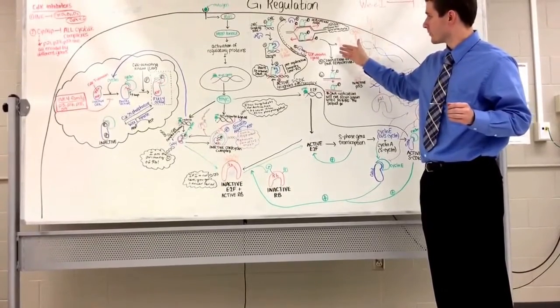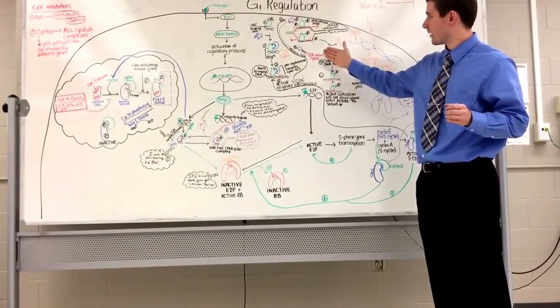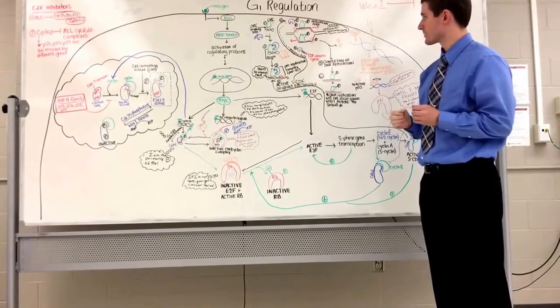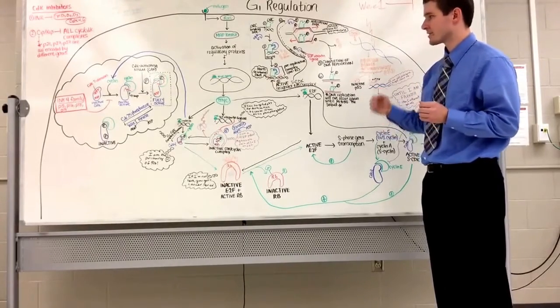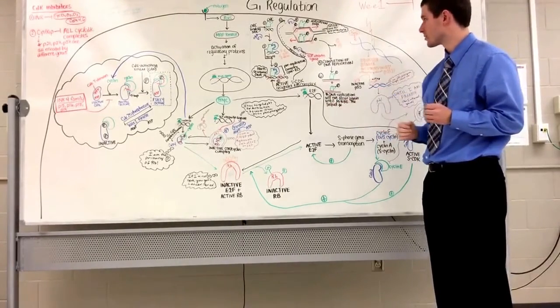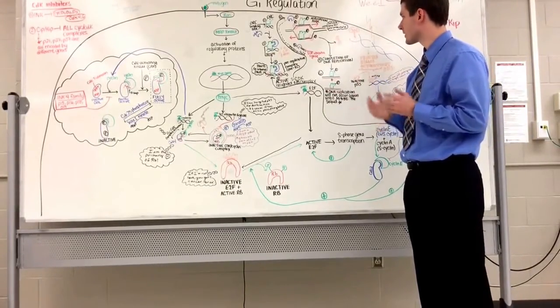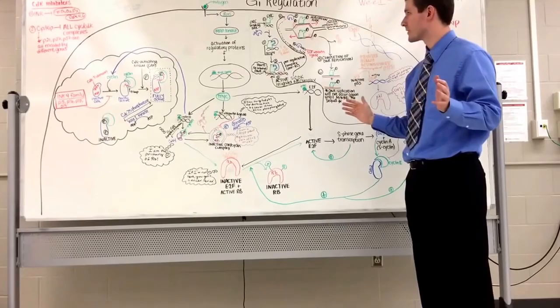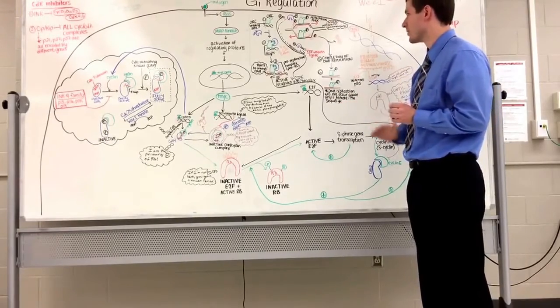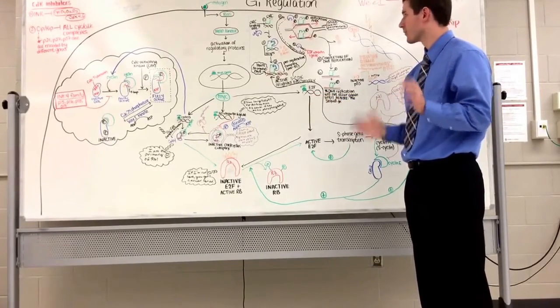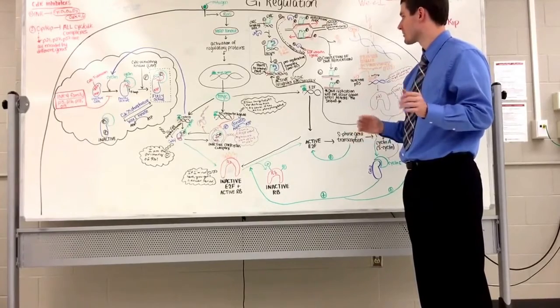So SCF ubiquitin ligase comes in and ubiquitinates our phosphorylated CDC6, which causes it to head over to the proteasome and get destroyed. And after MCM is phosphorylated, at some point, we don't really worry about the specifics of this, it's going to exit the nucleus and not form any more circles and not recruit any more helicase.